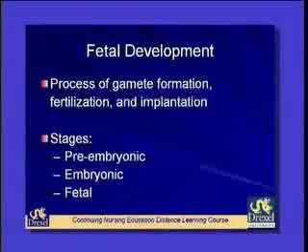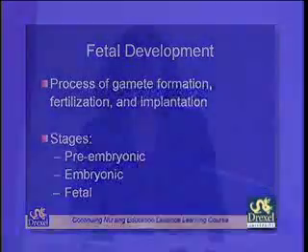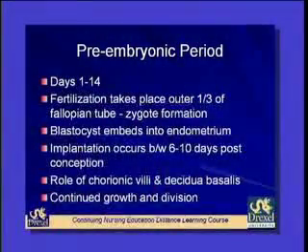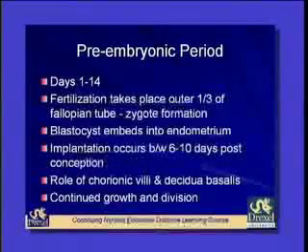With regards to stages, we have the pre-embryonic, the embryonic, and the fetal stages, which I'm going to talk about. The pre-embryonic stage occurs between days 1 to 14. So again, you're talking about once there has been a union between sperm and egg. Fertilization takes place in the outer third, as I've already clarified.